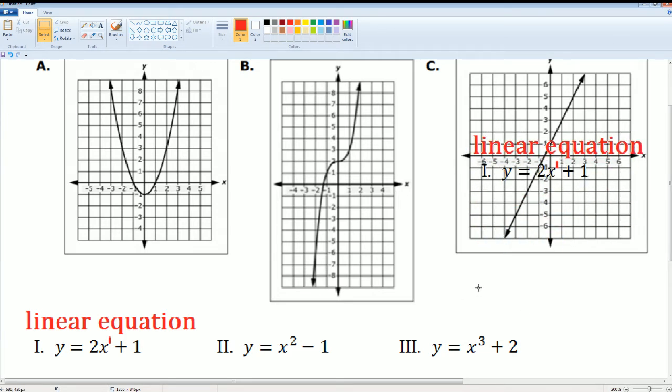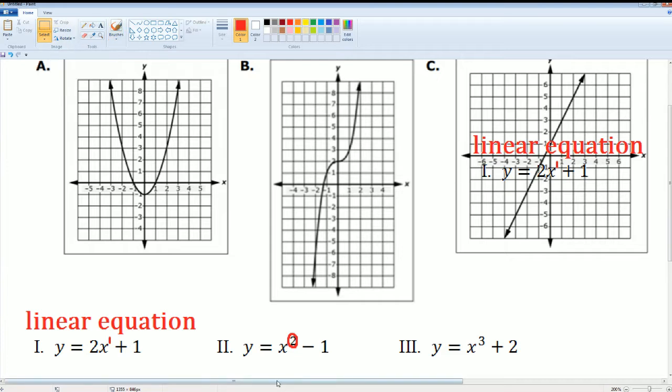All right, next, your x squared minus 1. Notice that the exponent here is a square. Okay, this is a parabola, which makes like a U shape.